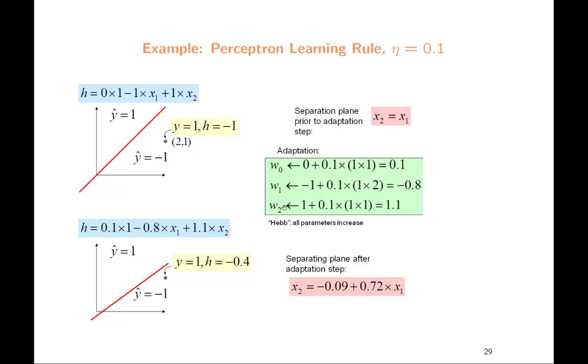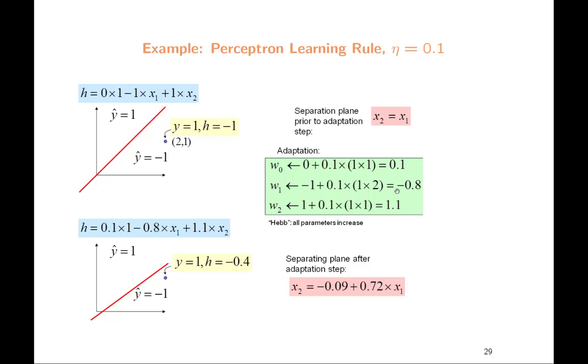And for W2 it's 1, plus 0.1 times 1 equals 1.1.